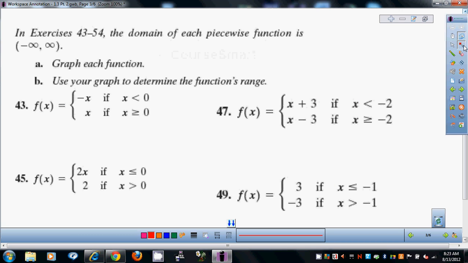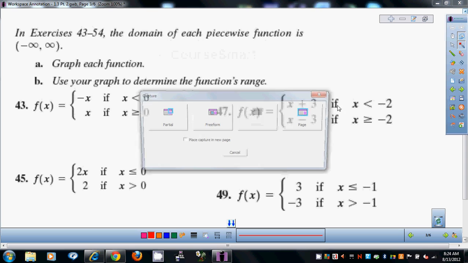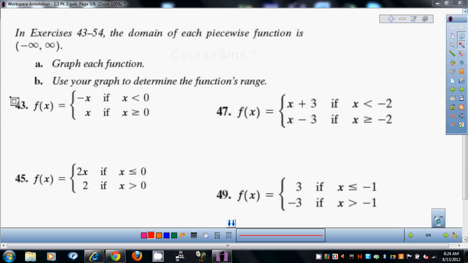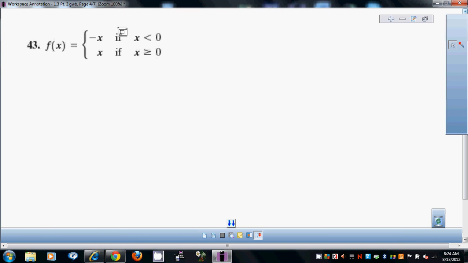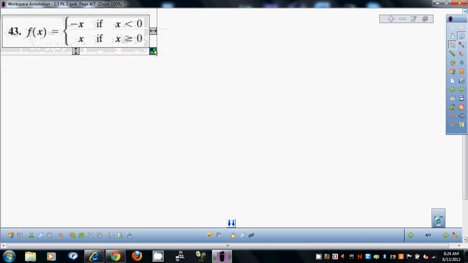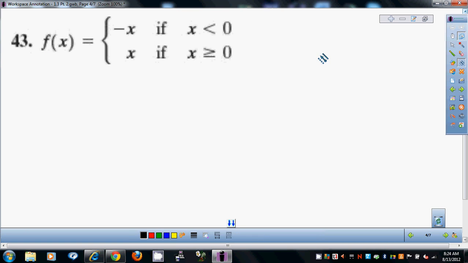Okay, in exercises 43 through 54, the domain of each piecewise is negative infinity to positive infinity. Graph each function. Use your graph to determine the function's range. When we graph these, you do not have to do tons and tons of points.